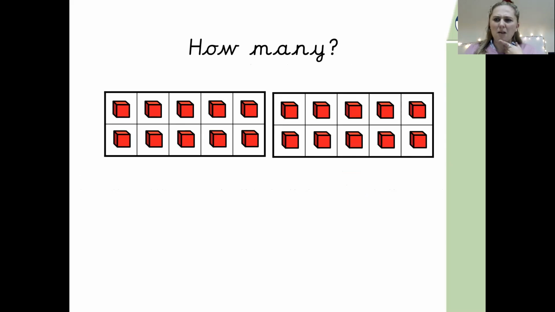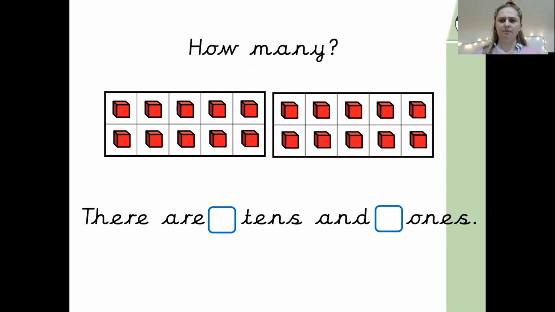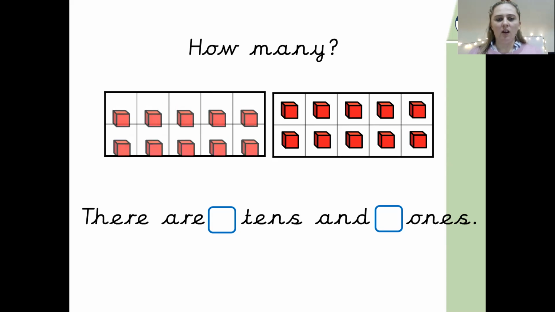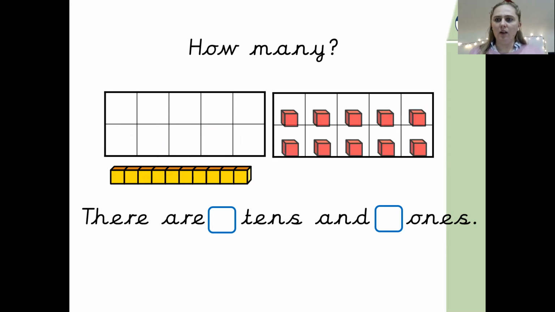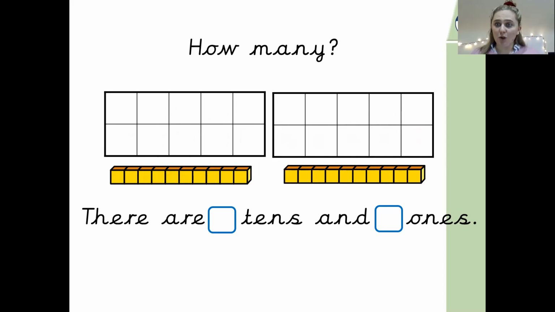Okay, how many do I have this time? How many tens do I have? It's confusing. There's 2 full tens frames. That must mean I have 2 tens. So there are 2 tens.